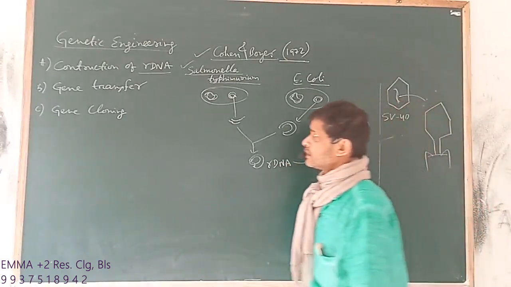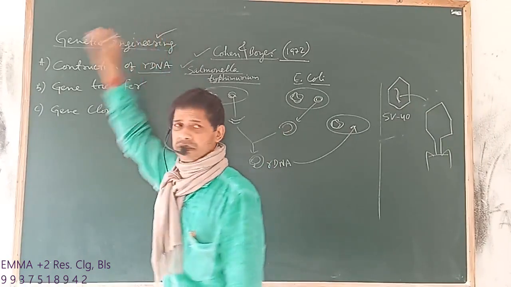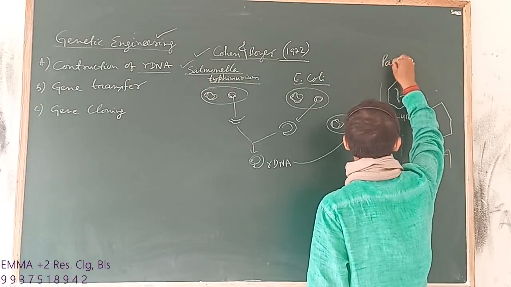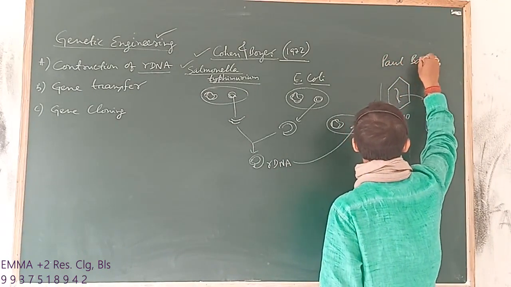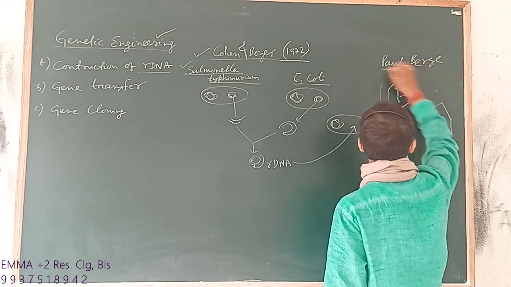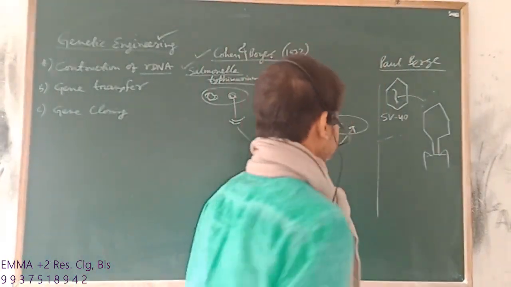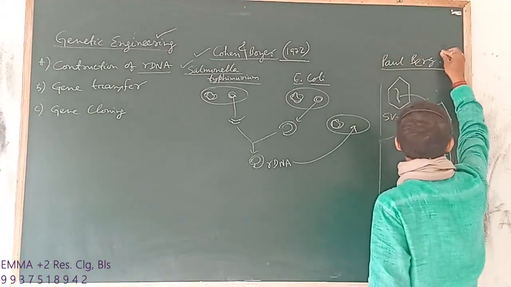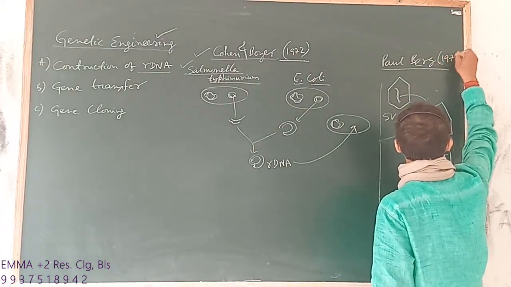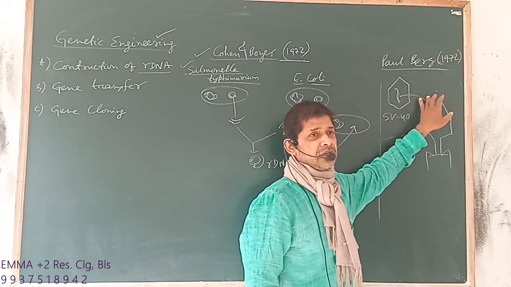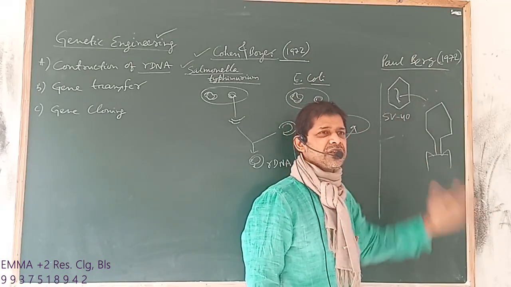Now the question arises, who is the father of genetic engineering? The answer is Paul Berg. So Paul Berg, in the year 1972, in the same year, started engineering of the gene.